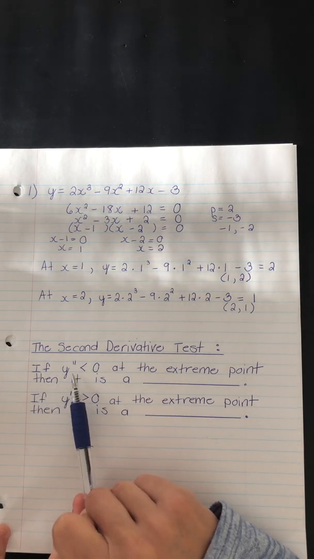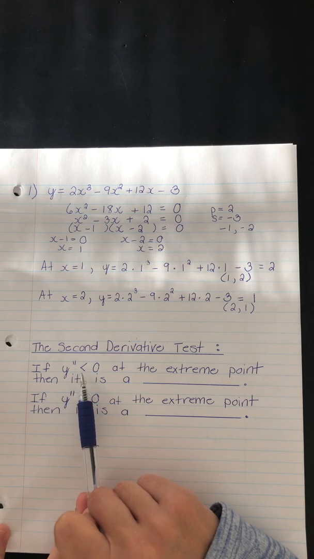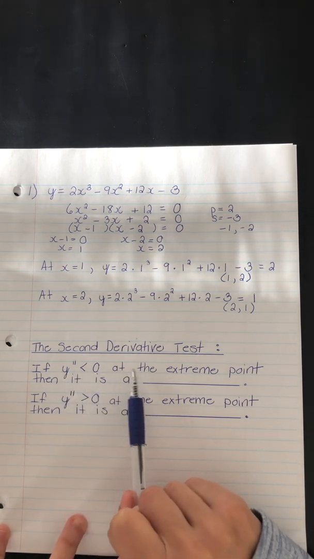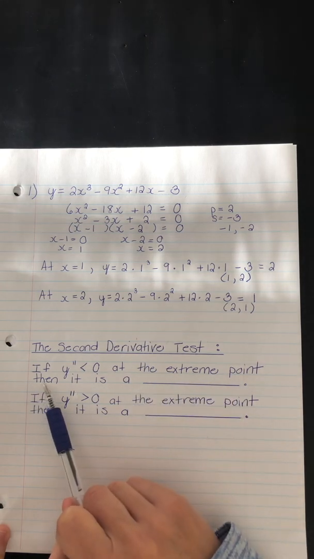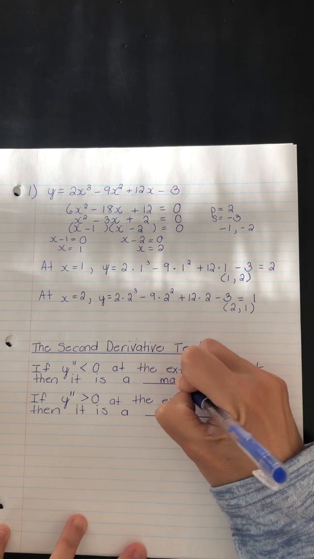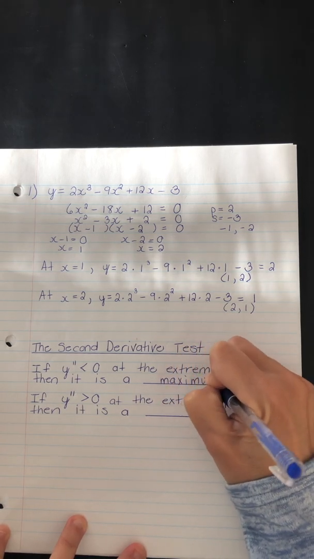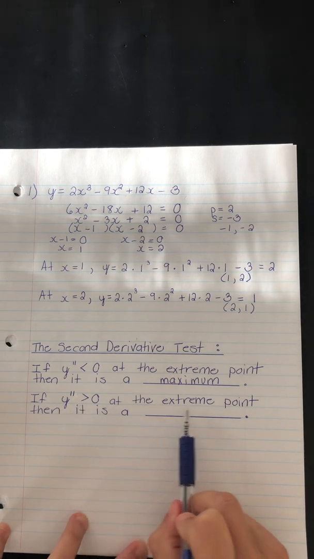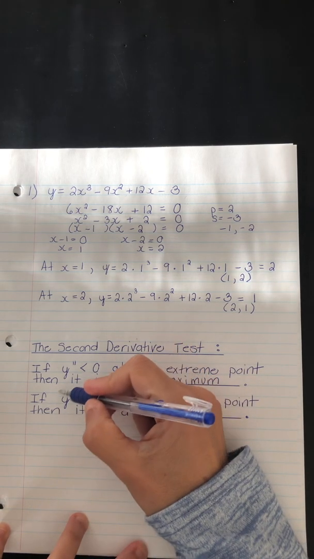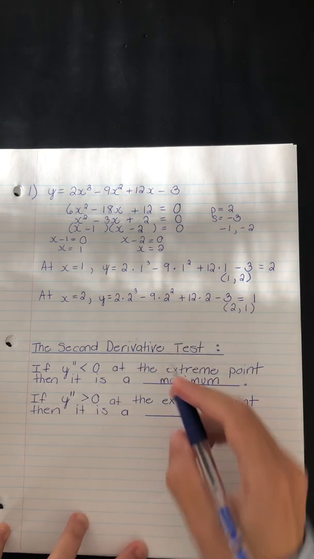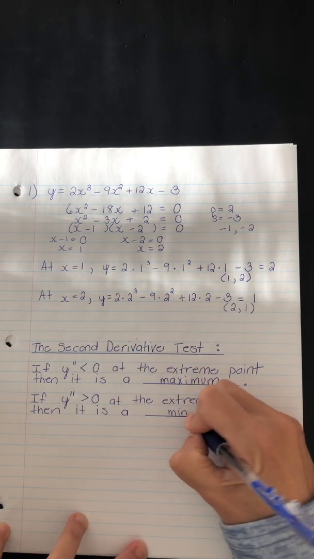If the second derivative, y double prime, is less than 0, so if the second derivative is negative at the extreme point, then that extreme point is a maximum. While if the second derivative at the extreme point is greater than 0 or positive, then the point is a minimum in the graph.